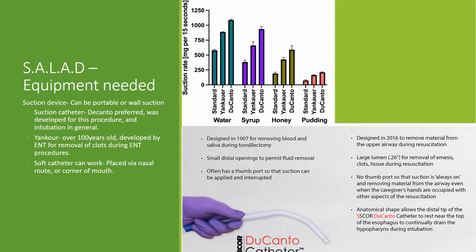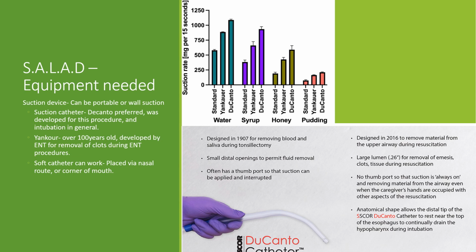Ideally you're either going to use the Big Stick or the DuCanto catheter. They just can pull out a lot more fluid, due to the size of the diameter of the suction catheter itself. They're almost identical. They have the same basic suction catheters.